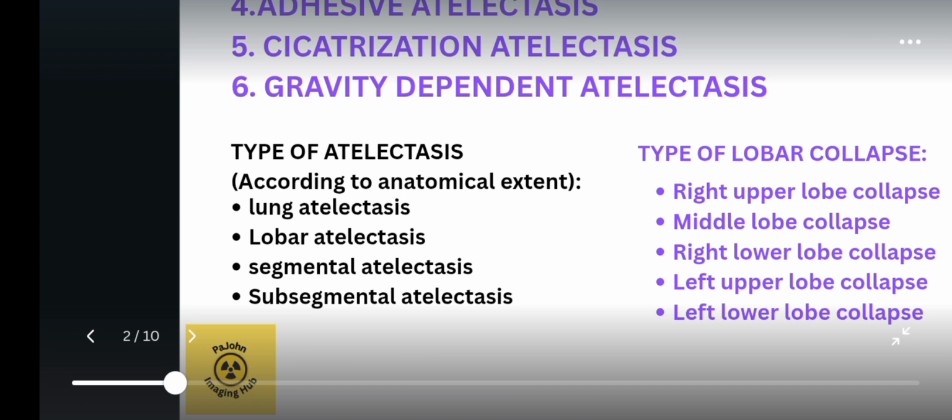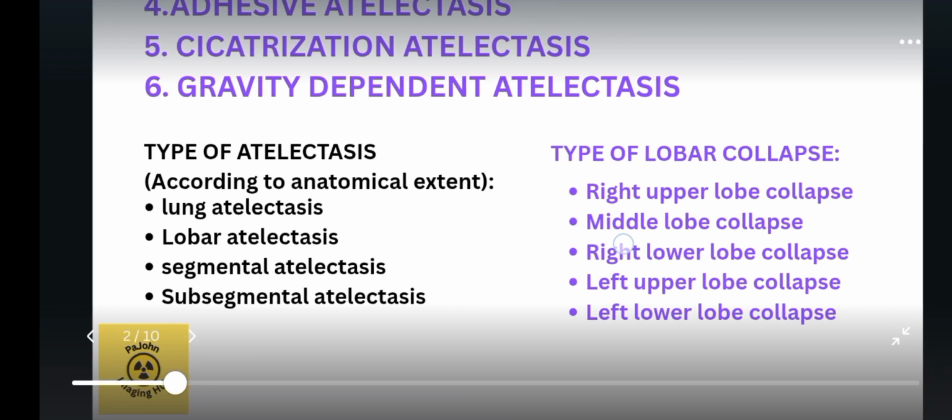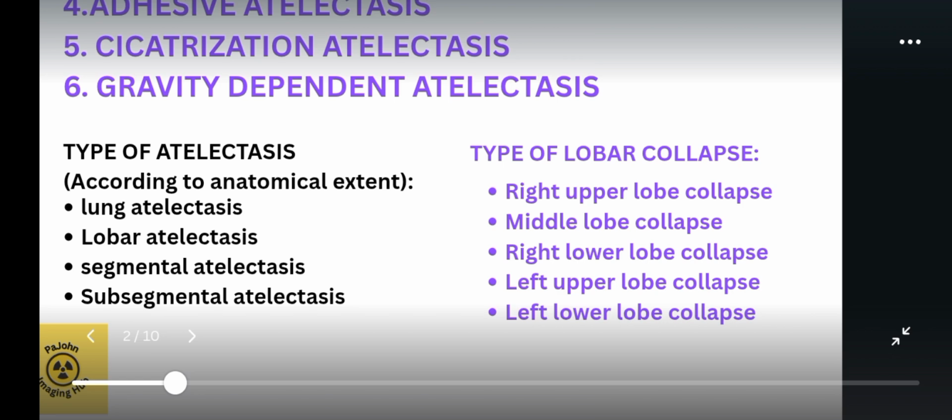We have lobar atelectasis: upper right lobe, middle lobe, lower right lobe, upper left lobe, and lower left lobe. We have segmental atelectasis and subsegmental atelectasis. These are smaller types of atelectasis where a small area of the lung is involved.